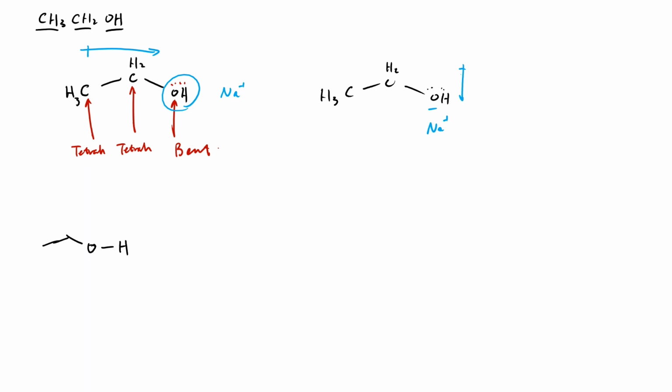If there's an oxygen with a bond directly connected to a hydrogen, then this is going to be a donor. And if there's another ethanol molecule, this hydrogen can have some interaction with the other oxygen. So this is the acceptor. And this is the hydrogen bond. So always remember, hydrogen bond is not a bond. It is an interaction.